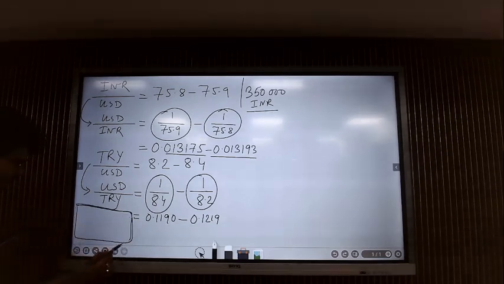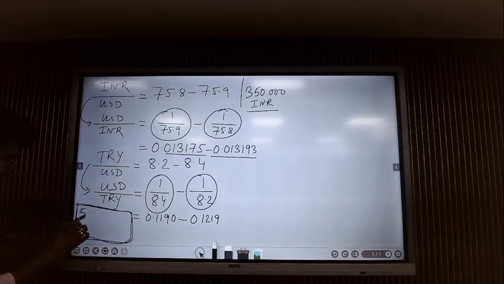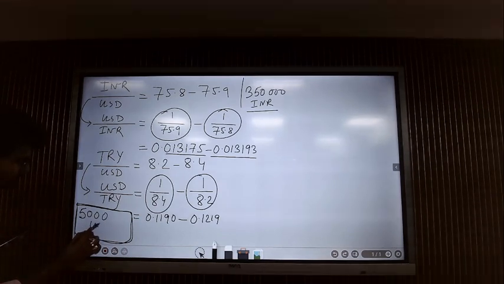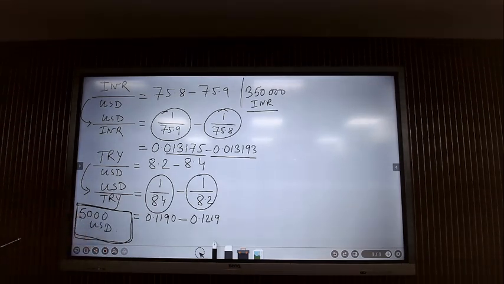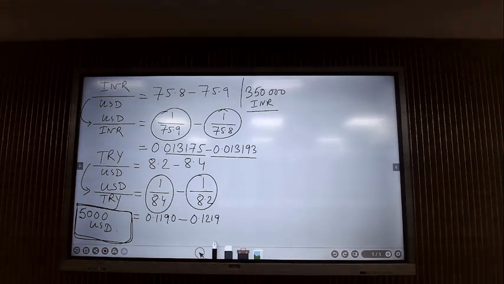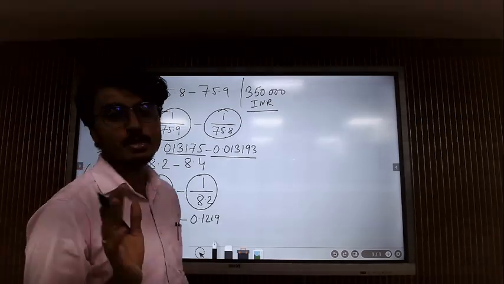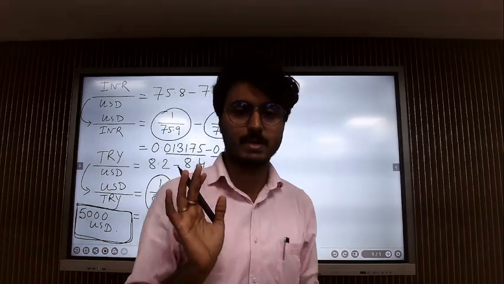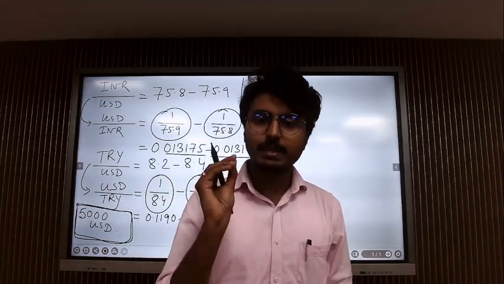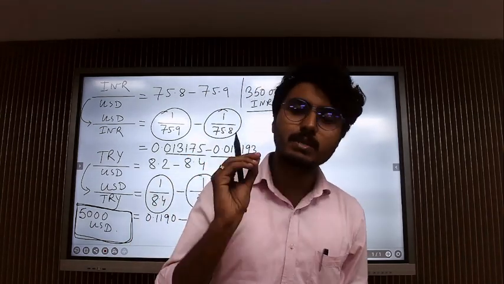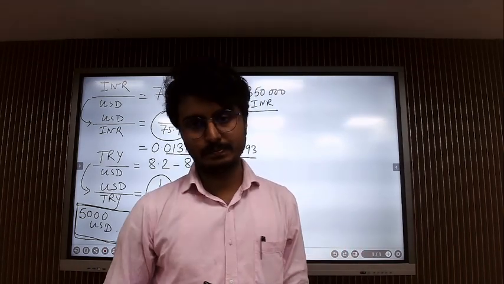The budget of the particular US citizen is 5,000 USD. So the value of 5,000 USD in terms of INR. This is our task, to calculate the value of 5,000 USD in INR.